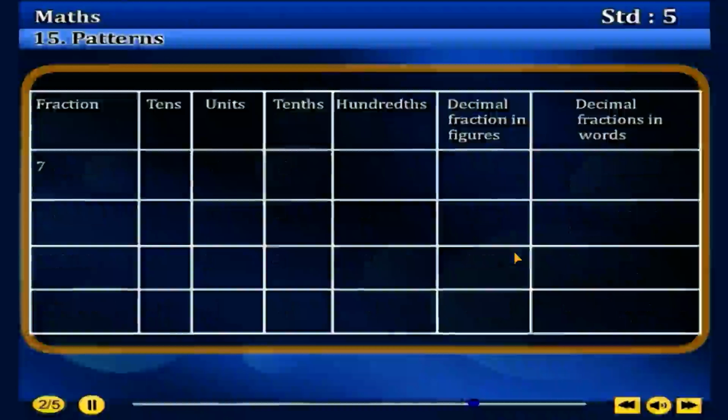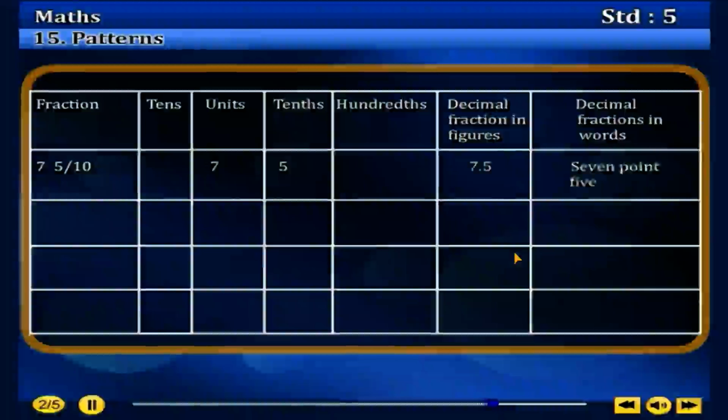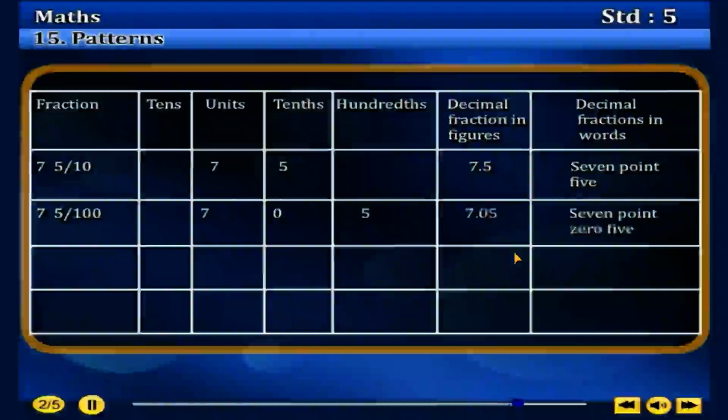Fraction 7, 5 by 10: tens, units 7, tenths 5, decimal fraction in figures 7.5, decimal fraction in words 7.5. Fraction 7, 5 by 100: tens, units 7, tenths 0, hundredths 5, decimal fraction in figures 7.05, in words 7.05.